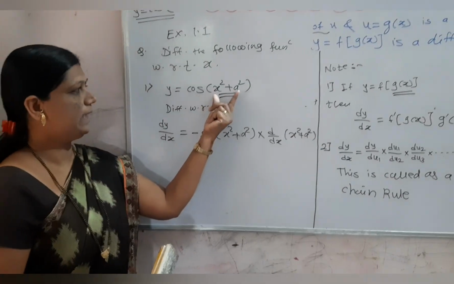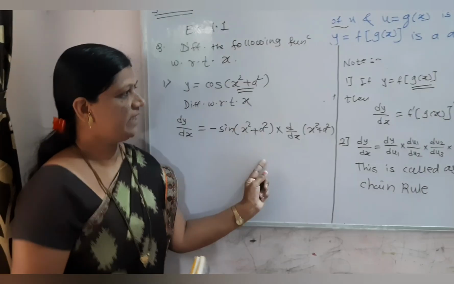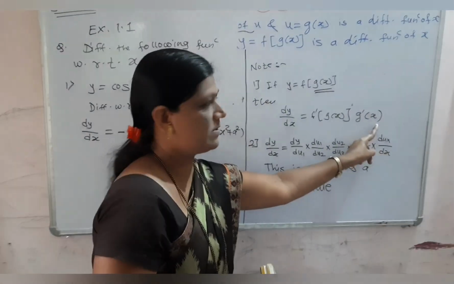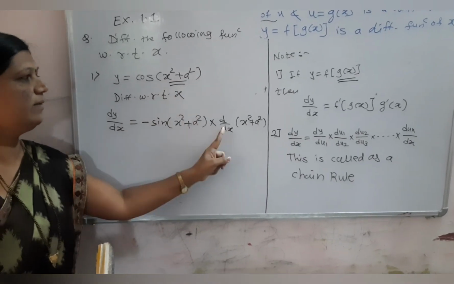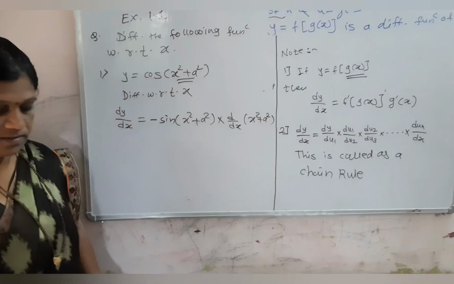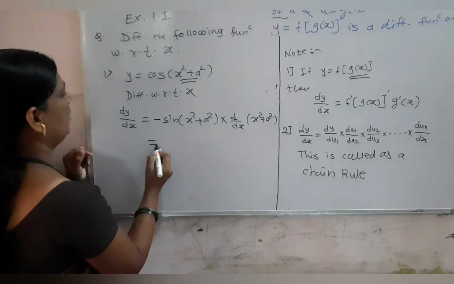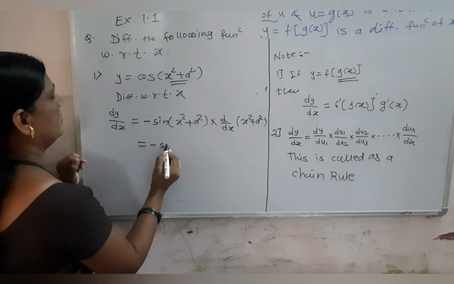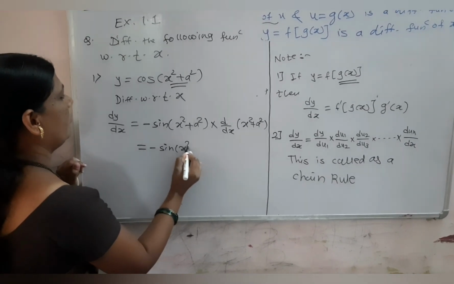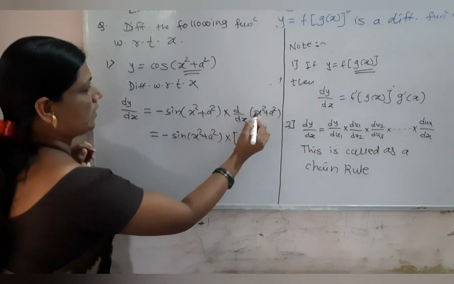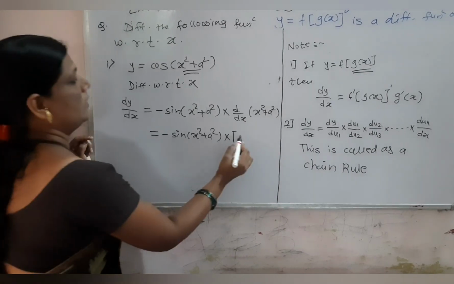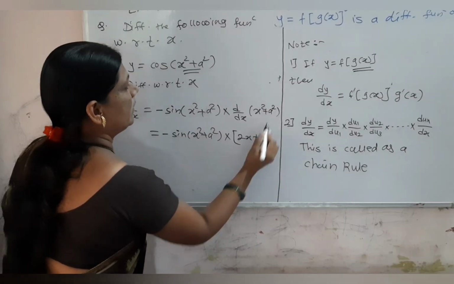If we consider x square plus a square as g of x, then g dash x is the derivative of x square plus a square, so d by dx of x square plus a square is equal to, minus sin of x square plus a square into the derivative of x square, which is 2x, plus the derivative of a square.